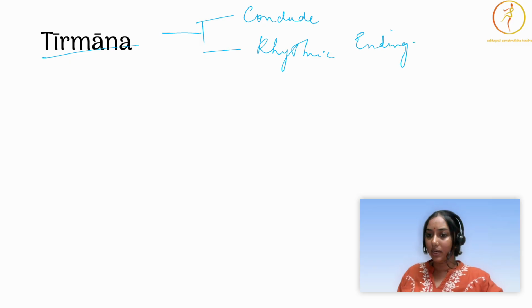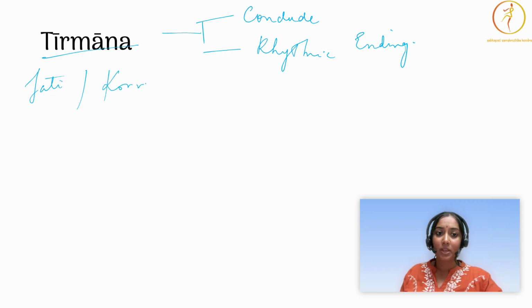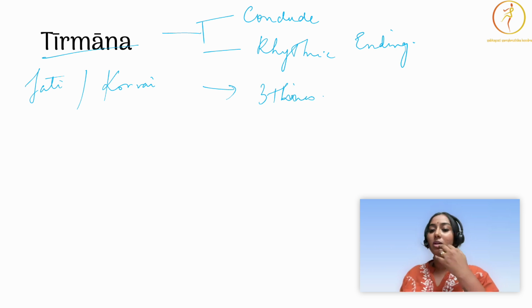Tirmana also is called Muktaya. So, it is the final aspect of, say, a jati or a korvai. A tirmanam is also done 3 times. Some do it 5 once, and so forth. We do takita takita something like that.